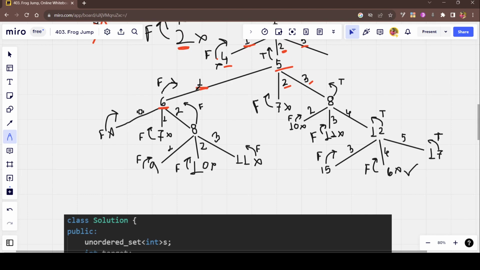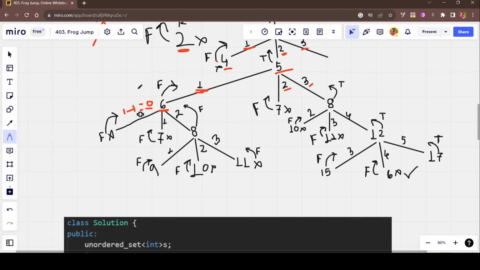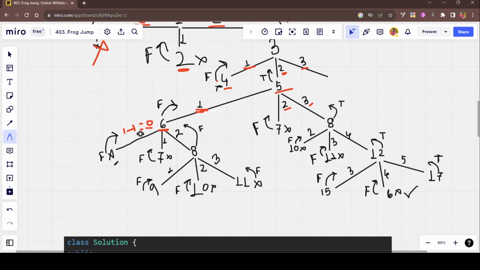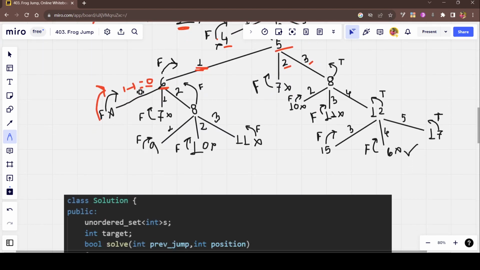Previously I had a jump of 1. Now 1 minus 1, that means 0. So if our jump is 0, that doesn't hold any kind of significance. So we return false from there. This part is clear?